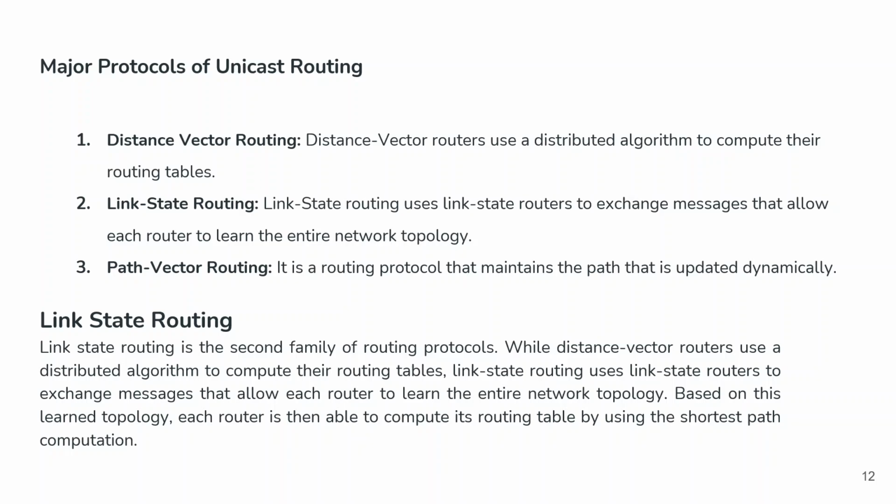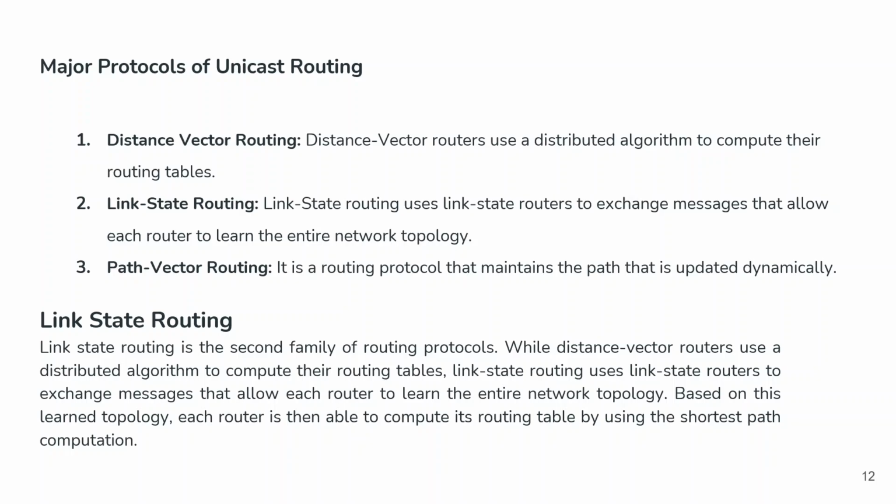So the major protocols of unicast routing are distance vector routing, which we have seen in the last lecture. That is, distance vector routers use a distributed algorithm to compute their routing tables. Then the next one is link state routing, which we are going to see in this lecture.